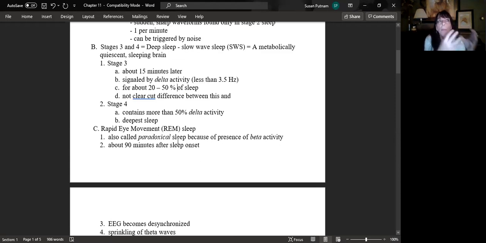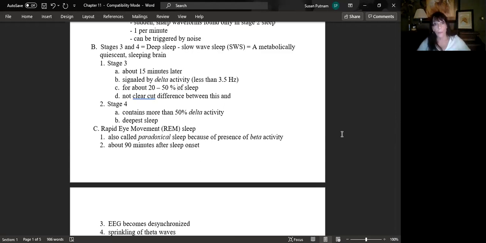And where before we could see more clear-cut differences between the stages, it is not so clear-cut as we move from stage 3 to stage 4. Stage 4 contains more than 50% delta activity, so that is what you're going to be looking at. It is your deepest sleep.